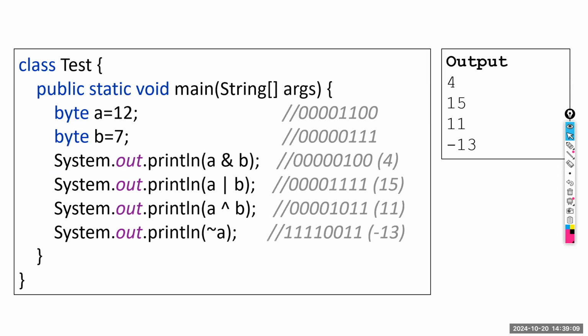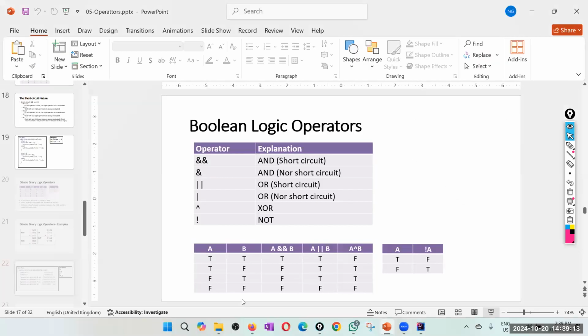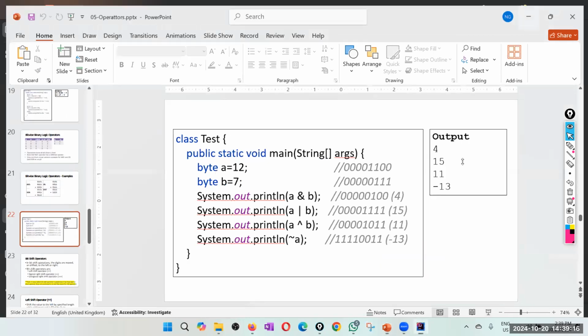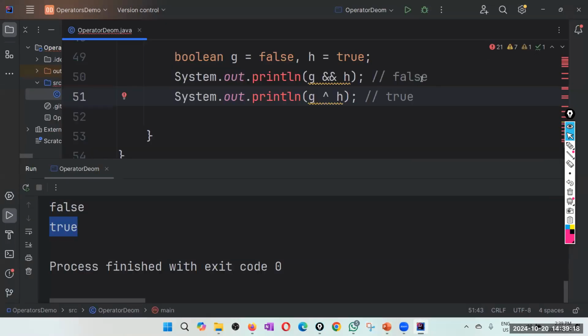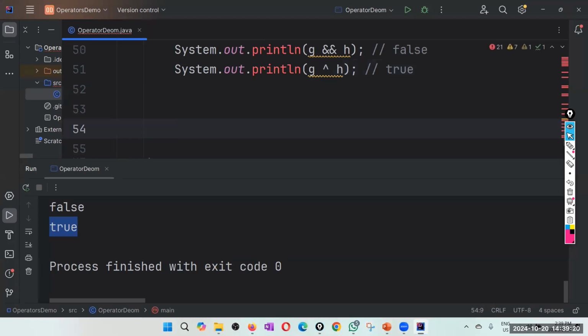So let's take an example. I'll copy paste this because otherwise it takes time for me to type. This won't take much time, right? So let's say I have a byte variable, E, F, G, H, I, say 14, and J, let's say 8 or 9.